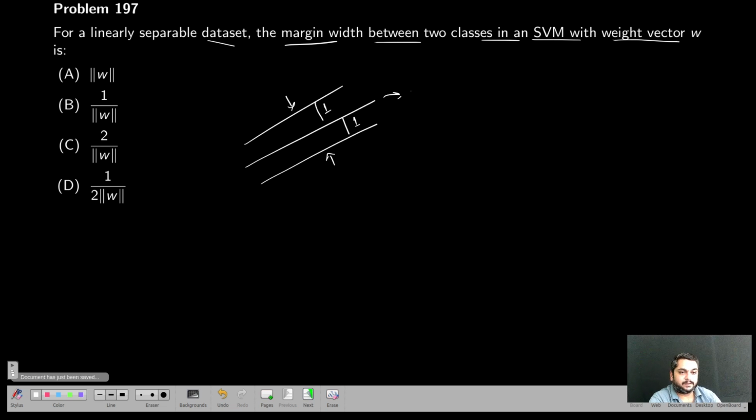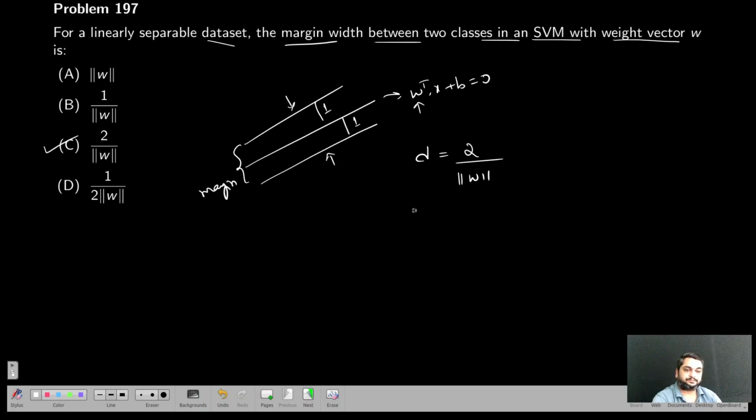This is my hyperplane. So we try to maximize this distance between them, the margin. That is the concept. So that is given by 2, 1 plus 1, 2 divided by the norm of vector W. So this is the answer.